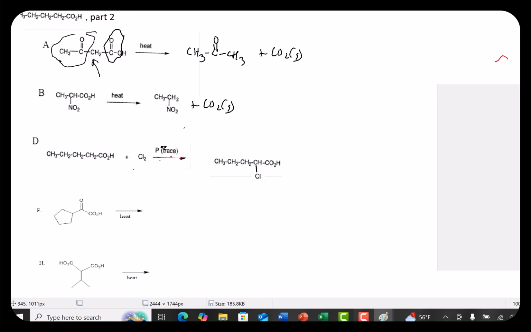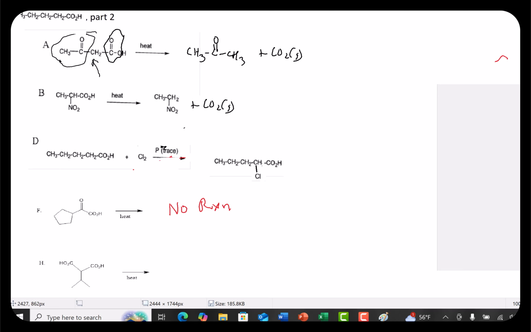Where is the alpha carbon? Well, it's right there. It's the carbonyl carbon. But wait, the carbonyl group is an amigo group, but the carbonyl group has to be attached to the alpha carbon. It itself cannot be the alpha carbon. So that doesn't fit the pattern, and so there's really no reaction for F, no reaction.